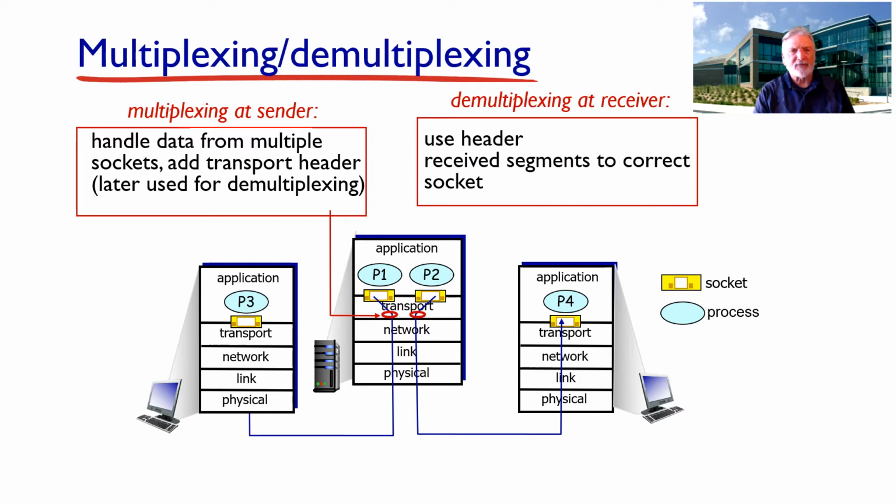Demultiplexing is the process of taking those received chunks or segments from the network layer, de-encapsulating them, and sending them to the application layer. To do this, the transport layer header includes a destination port number that identifies the destination application program on the remote machine, and a source port number that identifies the application on the originating machine.